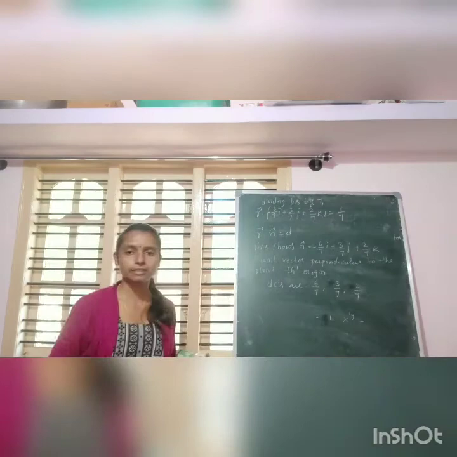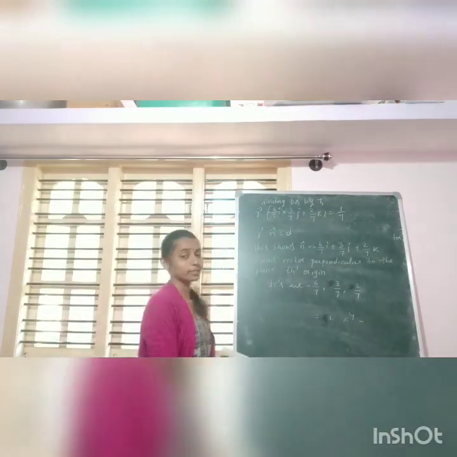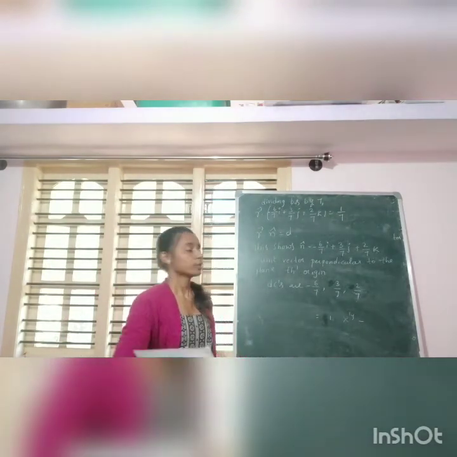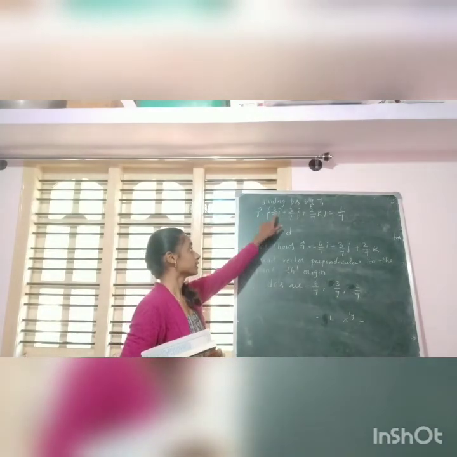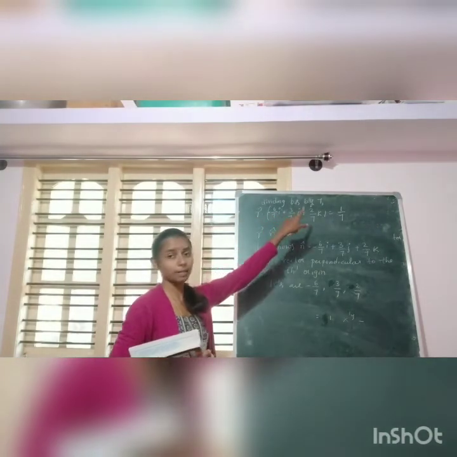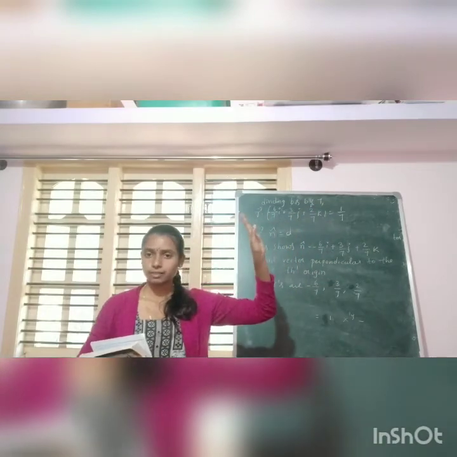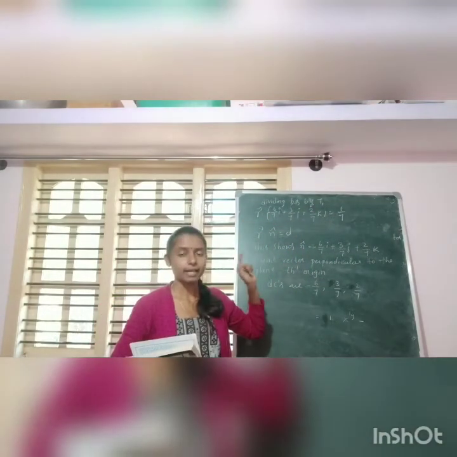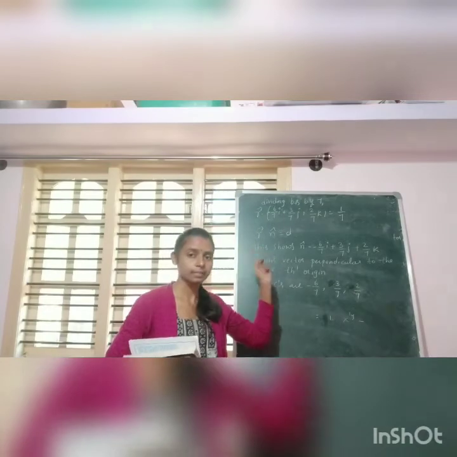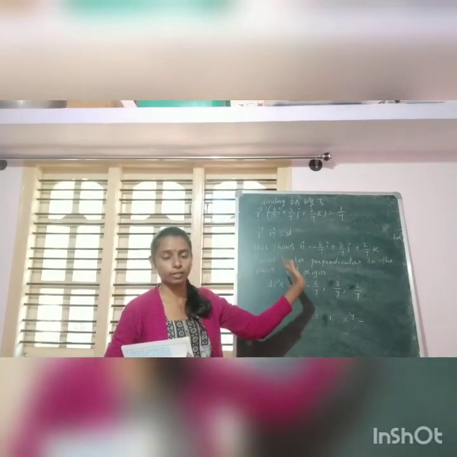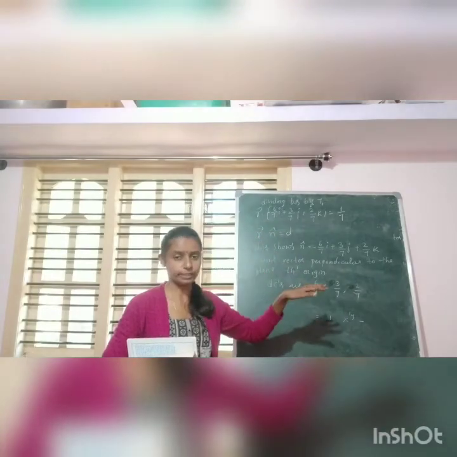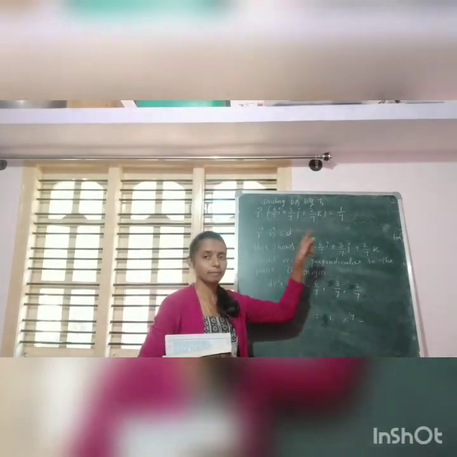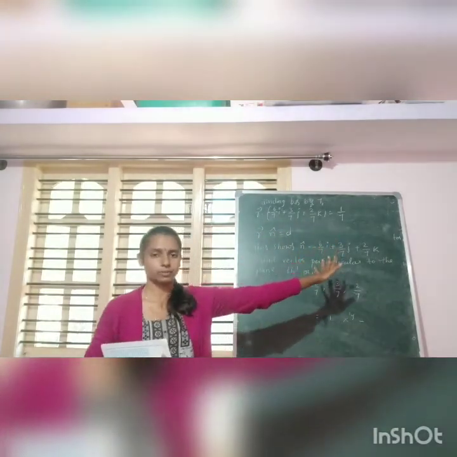Is it clear? Initially, the problem was given as vector r dot (6i minus 3j minus 2k) plus 1 is equal to 0. I took that plus 1 as plus 1 itself while shifting to the RHS, but you need to multiply throughout the equation by a negative sign.